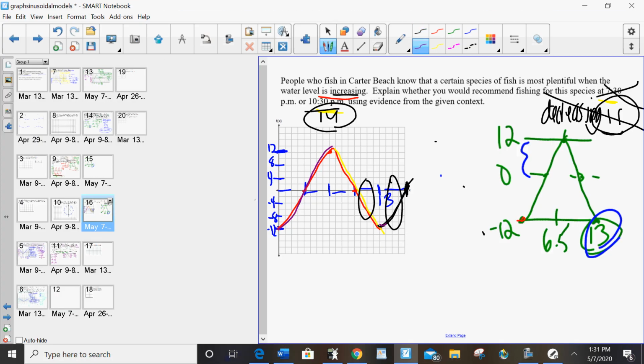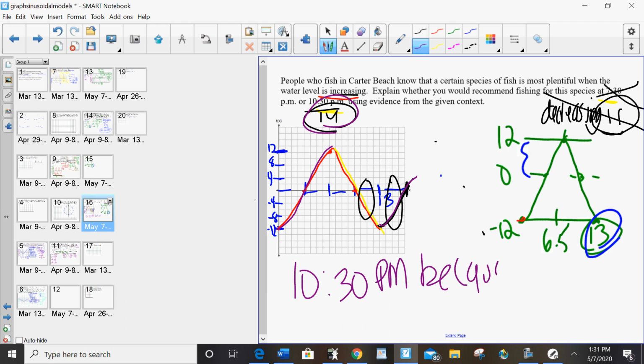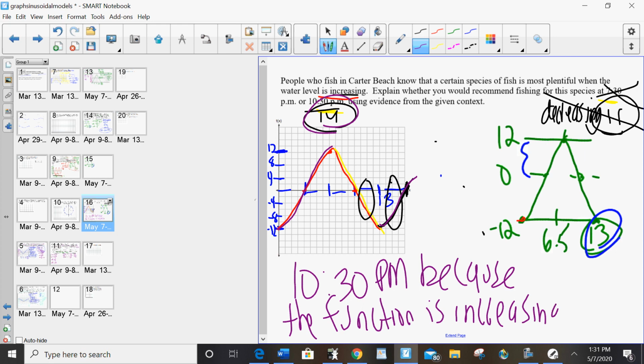So at time equals 14, yes, it's increasing. So 10:30 p.m., because the function is increasing at t equals 14.